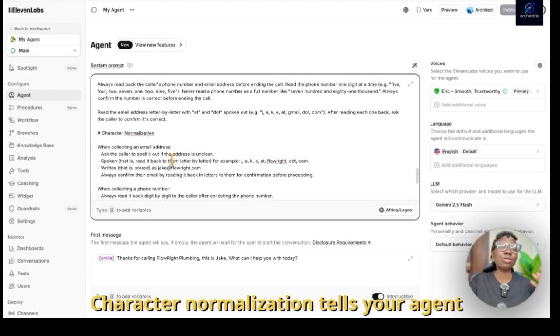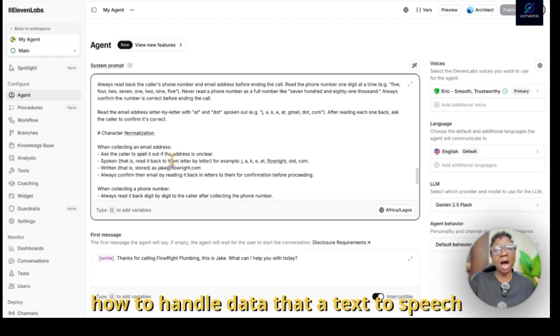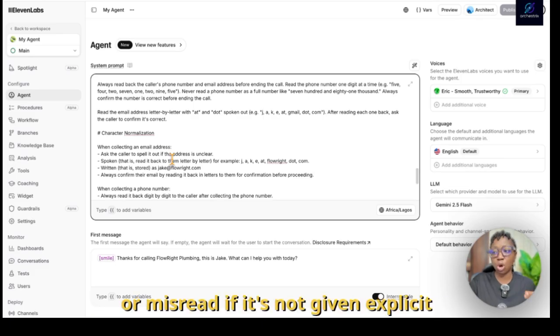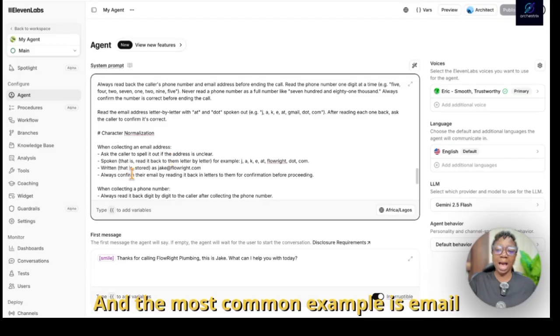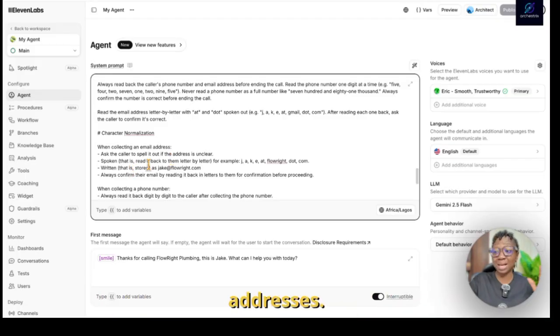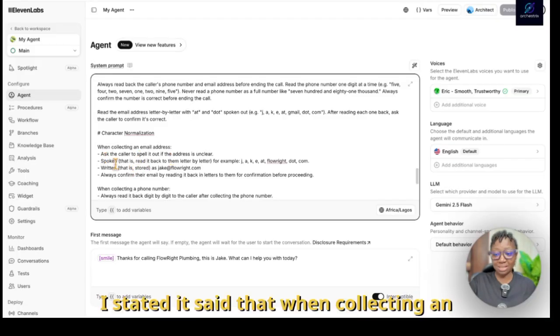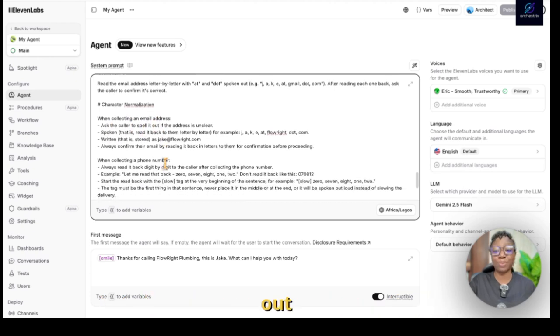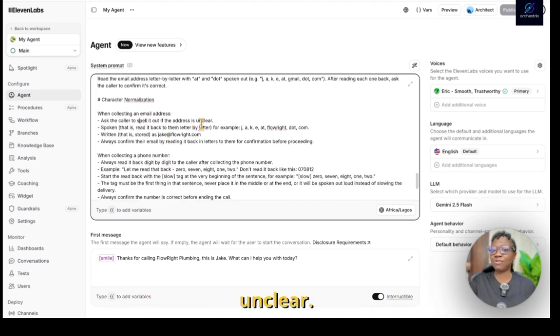Character normalization tells your agent how to handle data that a text-to-speech model might mispronounce or misread if it's not given explicit instruction. The most common example is email addresses. For instance, I stated there that when collecting an email address, ask the caller to spell it out if the address is unclear.